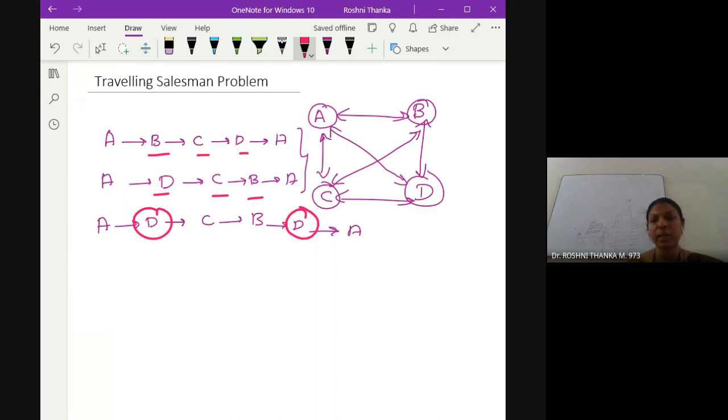I think you can relate it with a real-time scenario also.